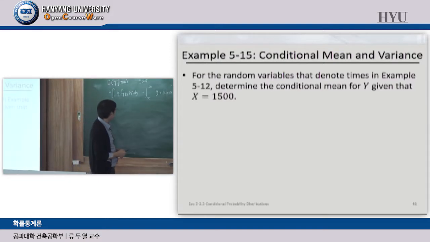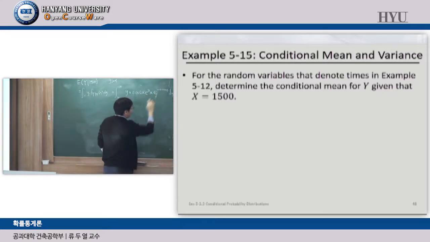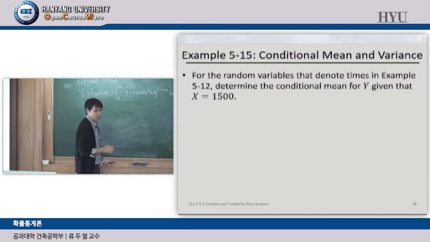So we need to calculate, but here the x is equal to 1500, which means that this can be written as 3 times exponential minus 0.002y, okay?